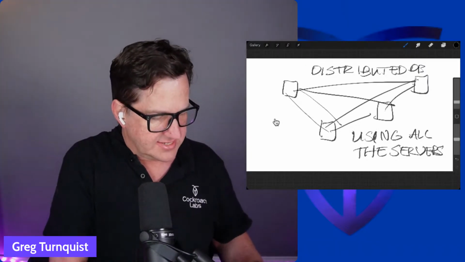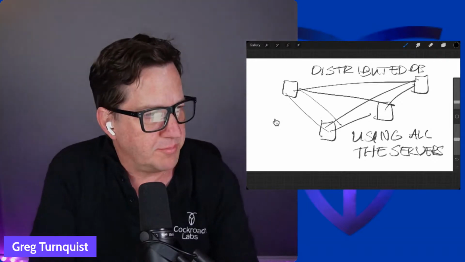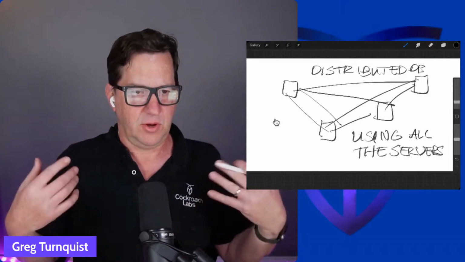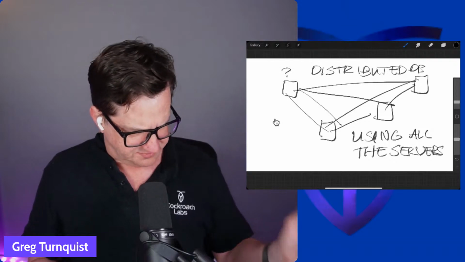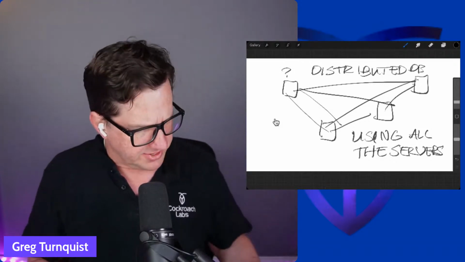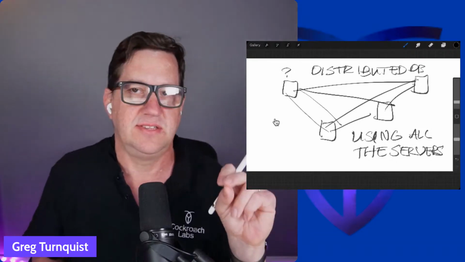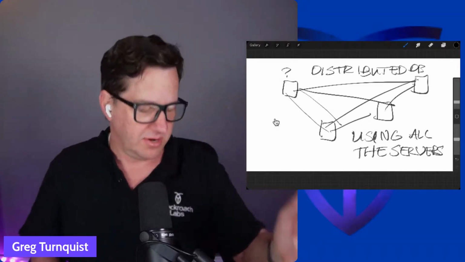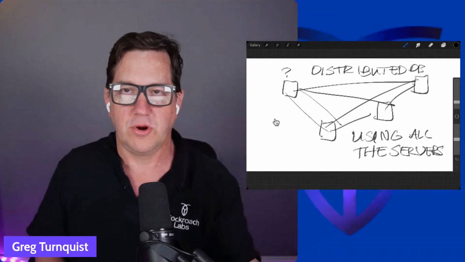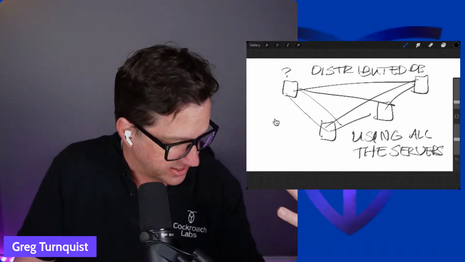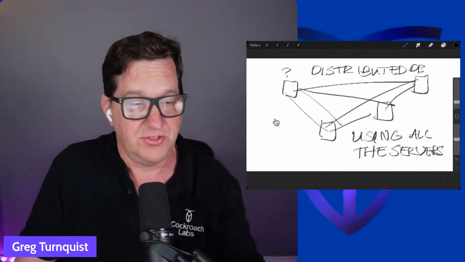In a sense, it's not like they're all primary or they're all replica, or who's primary? I don't know. Is the first one the primary one and the others are mirrors? That's the solution with a single primary database server coordinating all the changes and then distributing the updates to all the other mirrors.